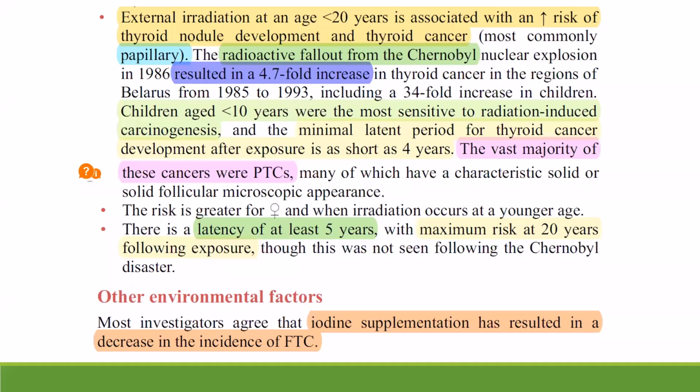And there is a minimal latent period for thyroid cancer development after exposure, which is as short as 4 years. And the vast majority of these cancers were papillary thyroid carcinoma.